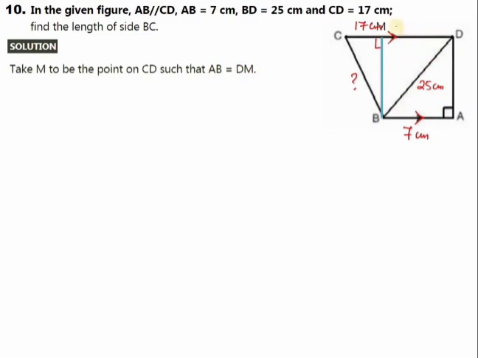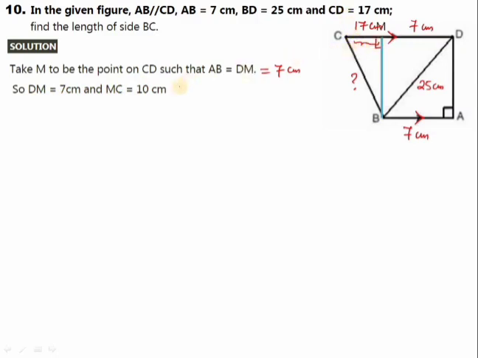So basically DM is how much? 7 centimeter. So we have AB equals DM, which is 7 centimeter each. Therefore DM is 7 centimeter, right? And MC is going to be 10 centimeter.